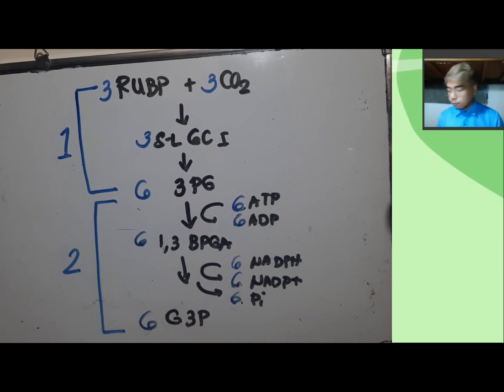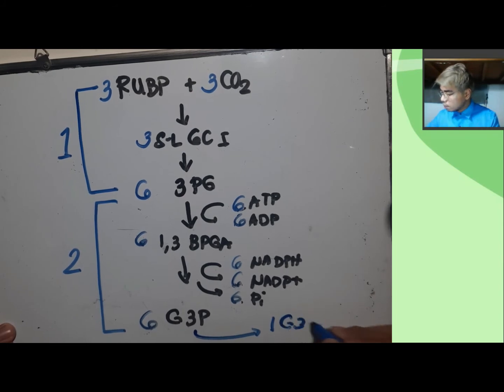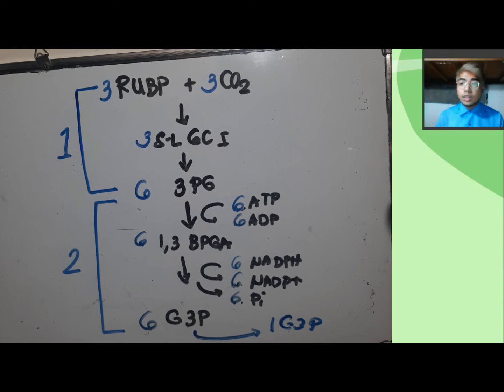Now, before we proceed with the last step, which is regeneration, we are going to release first 1 G3P. Okay? 1 G3P will be stored on the stroma while 5 will return to do the process of regeneration.